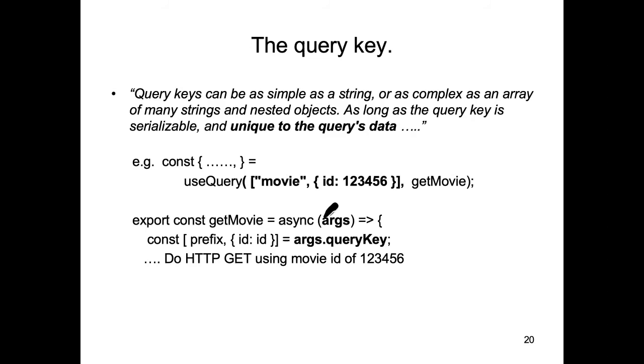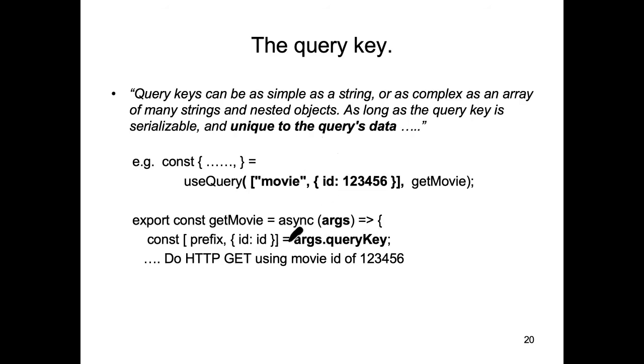So I'm showing you down here an excerpt from the query function, as it's called. React Query will pass an argument to my query function, where the argument is an object. That object has a number of key value pairs, but in particular, it has a key called queryKey. So this entire expression here is going to be a reference to this structure here.